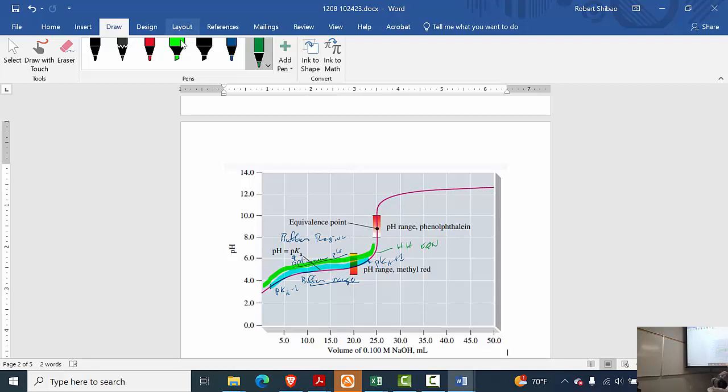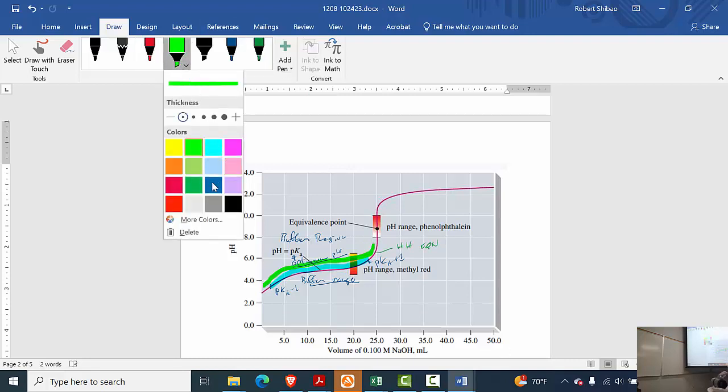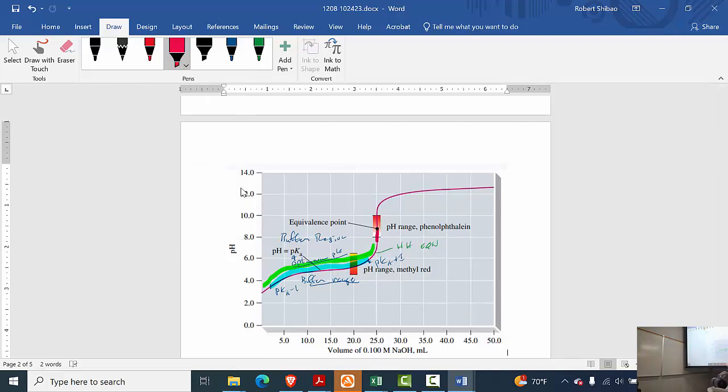The HH equation, however, fails when we get very close to the equivalence point and very close to the beginning. In this failure range, we can't use it. We have to use the ICE table.